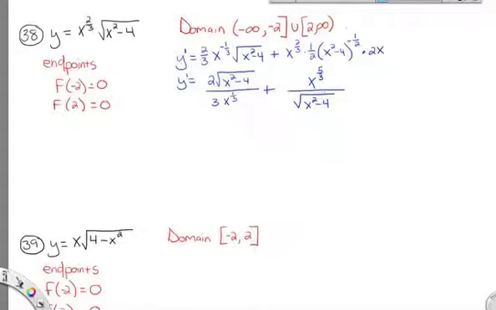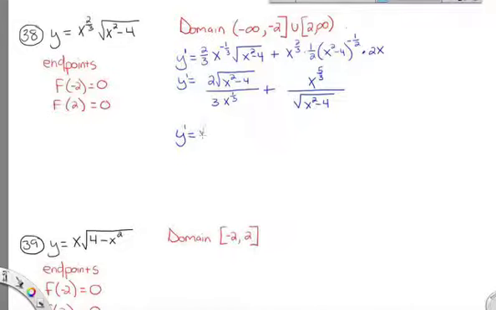Okay, again, I really do prefer these in fraction form, which means I need a common denominator, which means, let's change color here, I need to multiply each of them by the other denominator.